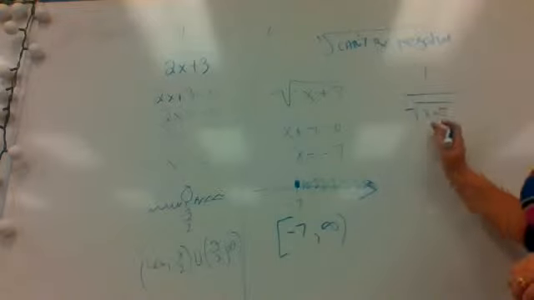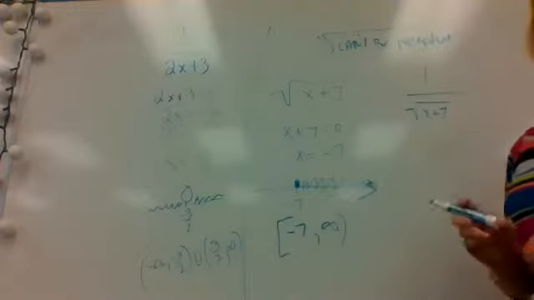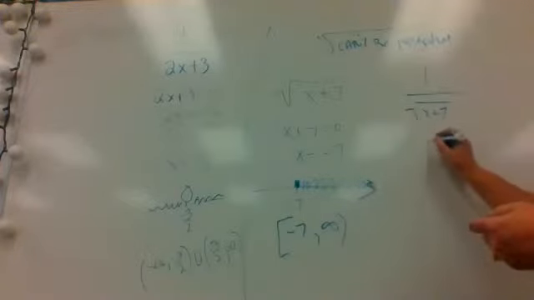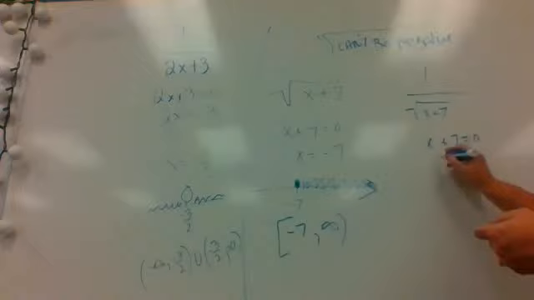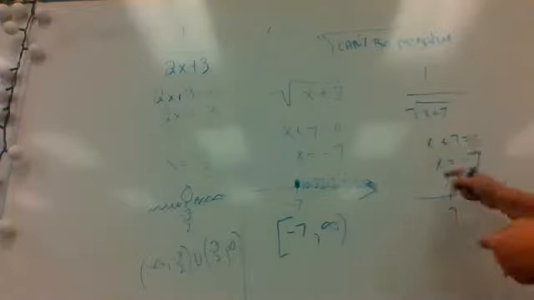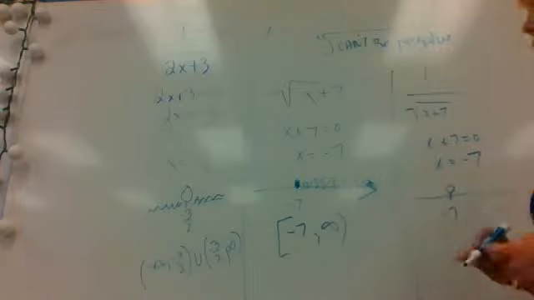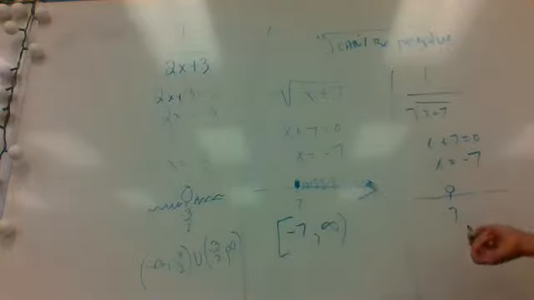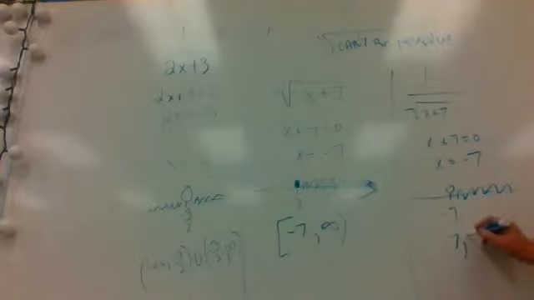But since it's in the bottom of the fraction, you have to cover that rule too. It also can't be 0. So x plus 7 equals 0. X is -7. That number in this case cannot be used because it makes the bottom 0. So you can only use -7 to positive infinity.